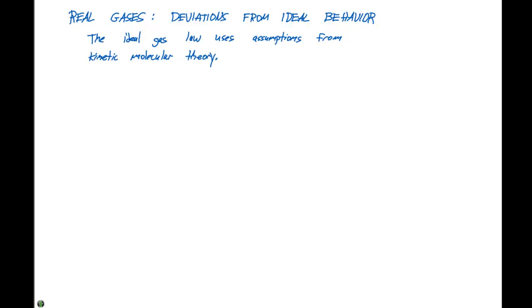The last section we'll talk about involving gases is real gases, which introduce deviations from ideal behavior. The ideal gas law uses some assumptions from kinetic molecular theory.